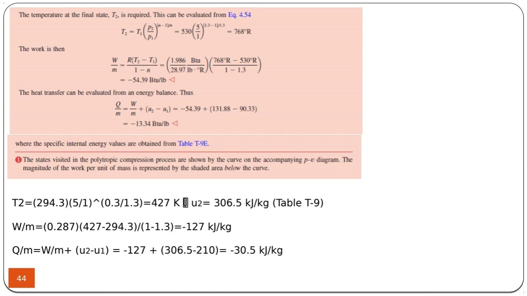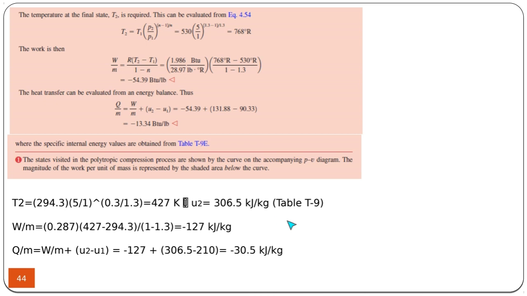So by using the polytropic process, you can calculate the temperature at the end of the compression. This is from the previous chapter; you need to go and look at the previous chapter. In the previous chapter, the relationship between the temperature and the pressure is given as this one.